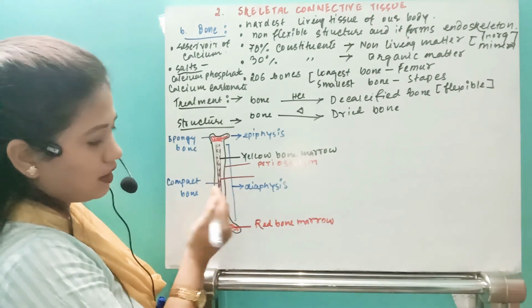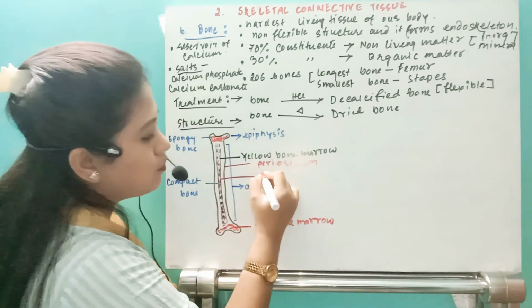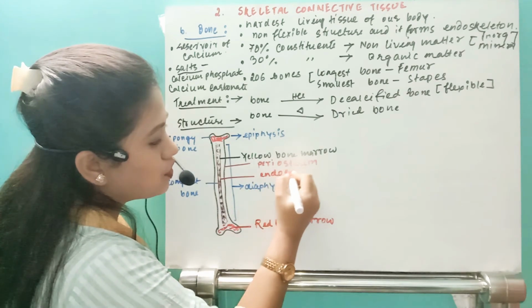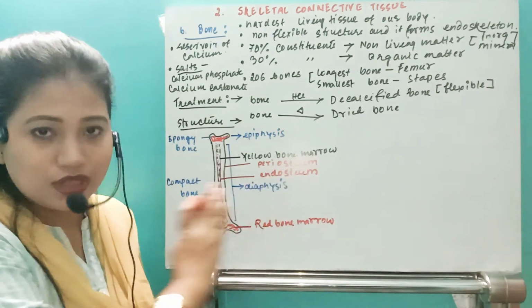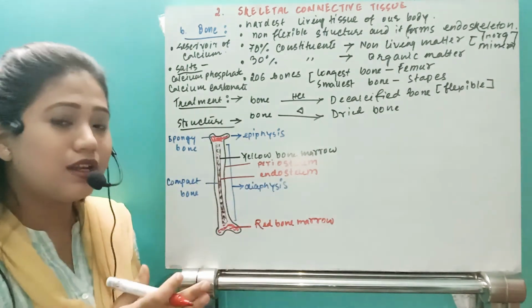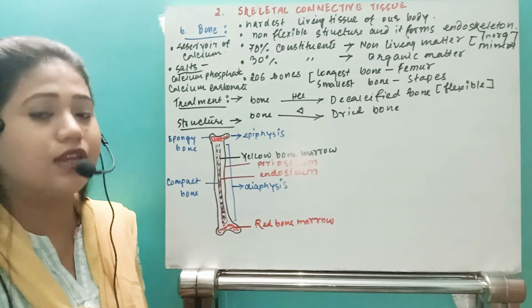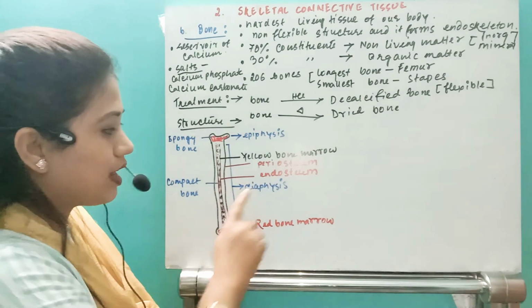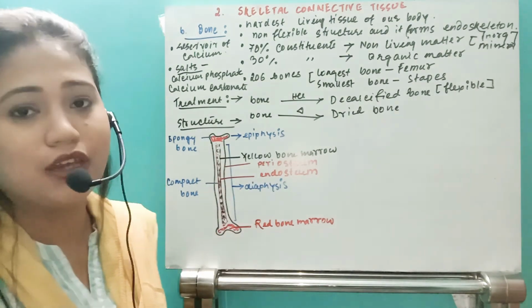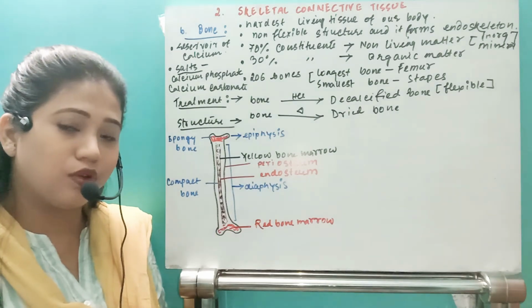And this one, the inner side, which is the lining of the yellow bone marrow, will be known as endosteum. Okay, periosteum is the outer lining of a bone, and the inner lining, the marrow lining, is known as endosteum, right? So these two points will also be very important.